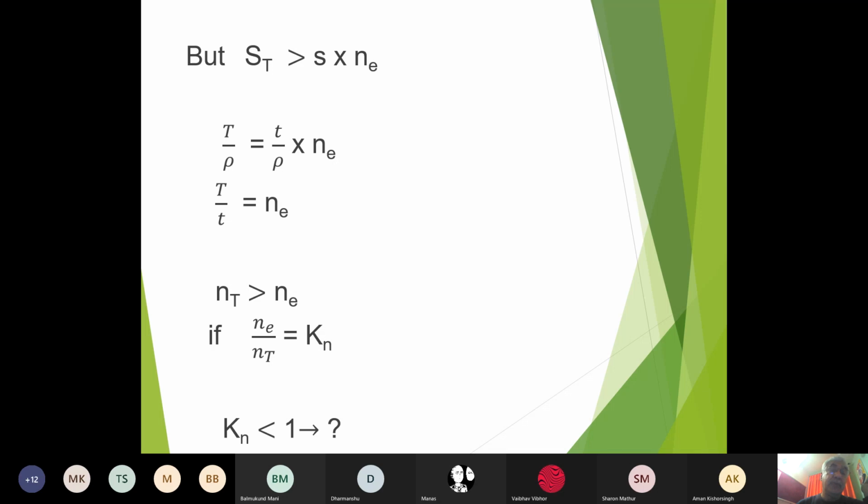So now let's see. I'm putting this value of ST. ST is nothing but T over rho. A small s is equal to small t over rho multiplied with NE. What is this value? Capital T over small t, the fineness of the yarn divided by the fiber fineness, is nothing but the number of fibers in the yarn cross section, because this is the formula that we were using earlier.